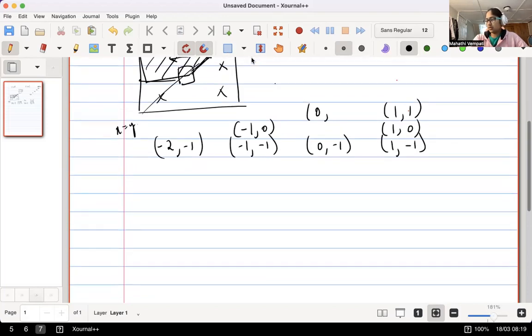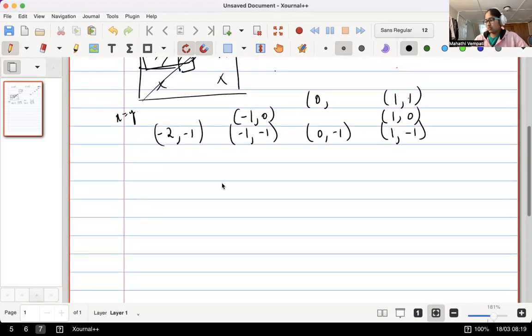So how do I check? So for example, for minus 2, minus 1, and then you had 1, 1. What you can do is, to reach 1, you would have to add 2, right?